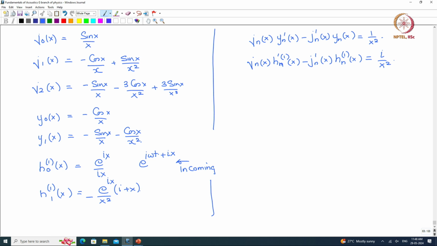So, for large arguments, x going to large values, Hn of 1 of x is approximately minus i to the power n plus 1, e to the power ix over x.